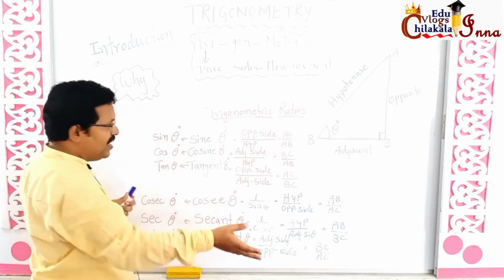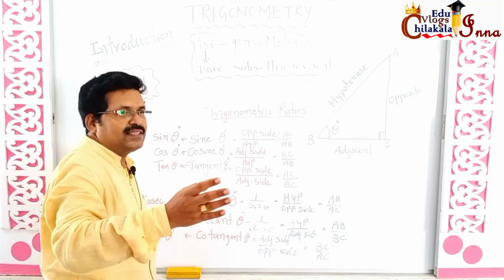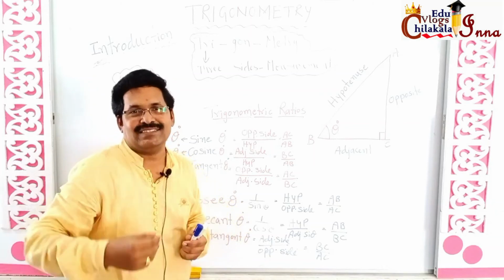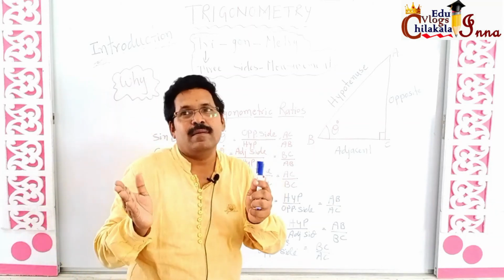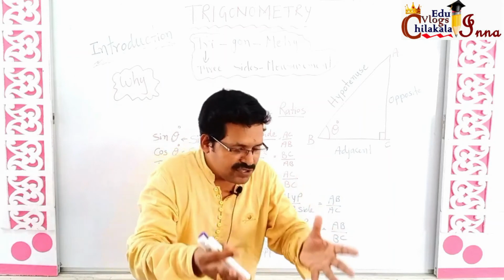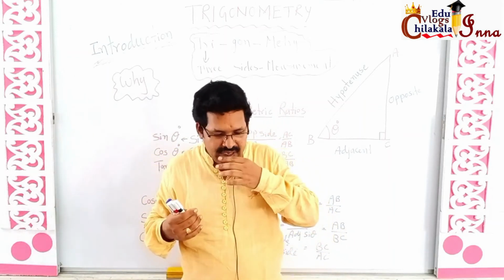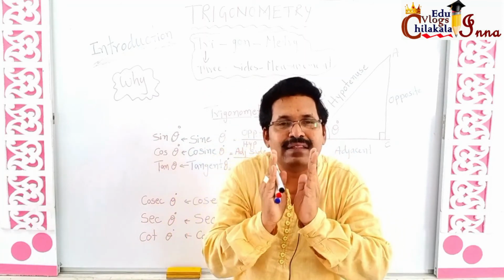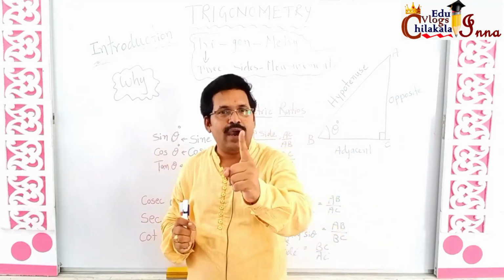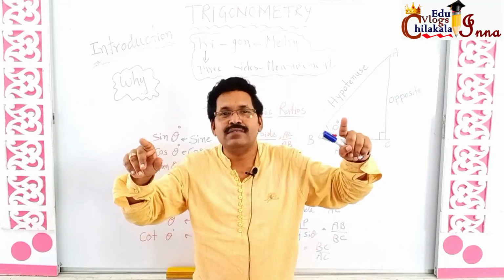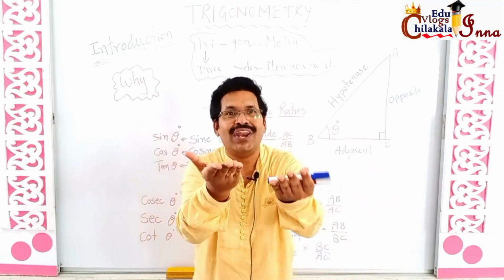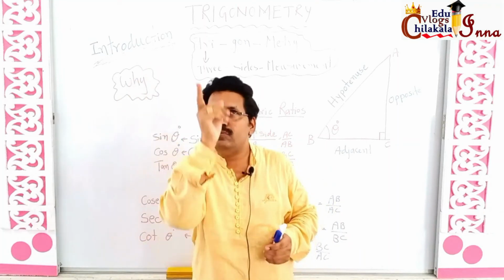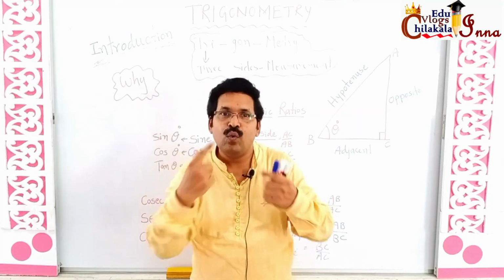These three ratios have opposites. Whenever you have x, what is the reciprocal of x? 1 by x. When we say opposite or reciprocal, how do we say them? If the product of two mathematical entities is equal to 1, we can call them opposites. x into 1 by x is 1. 2 by 3 into 3 by 2, the 2s and 3s cancel, 1.